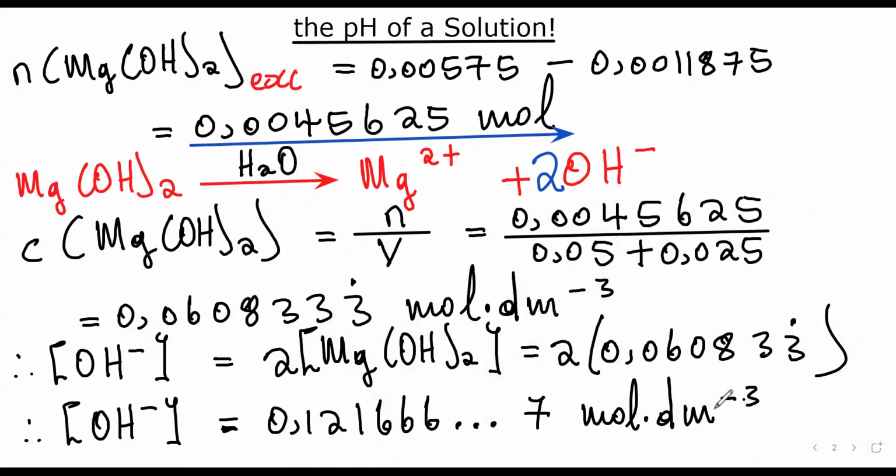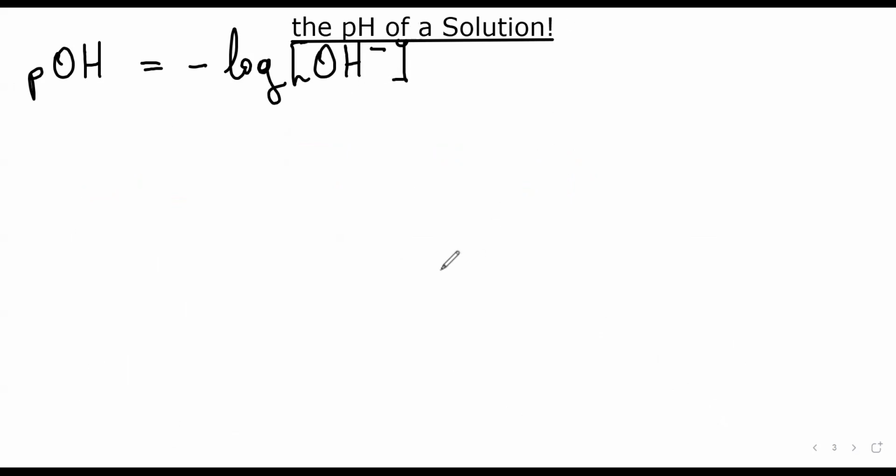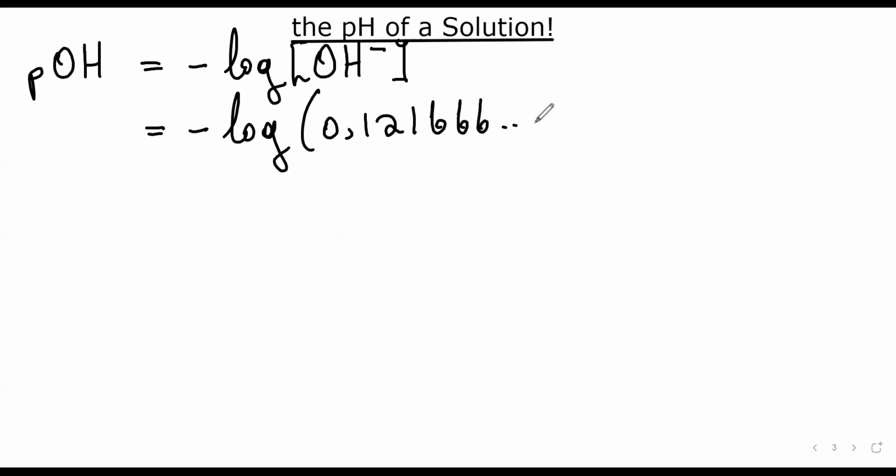All right. Now that we know the concentration of the hydroxide ions, then we understand that pOH is the negative logarithm of the concentration of the hydroxide ions, which means it's the negative logarithm of 0.1216666 up until the last one, which is 7.